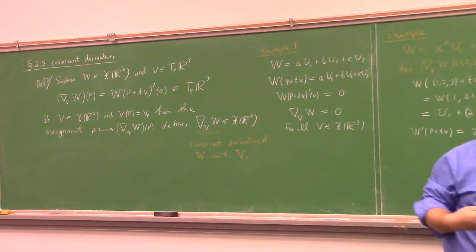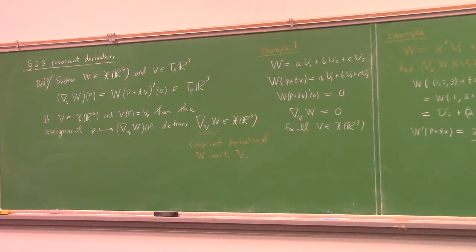It's probably healthy for us to go through the proof of this at this point. So W prime of P plus tV at 0 is the sum, j equals 1 to 3, of dWj at P plus tV, right? This is just like that calculation in your homework we were talking about today, Audric, for example.